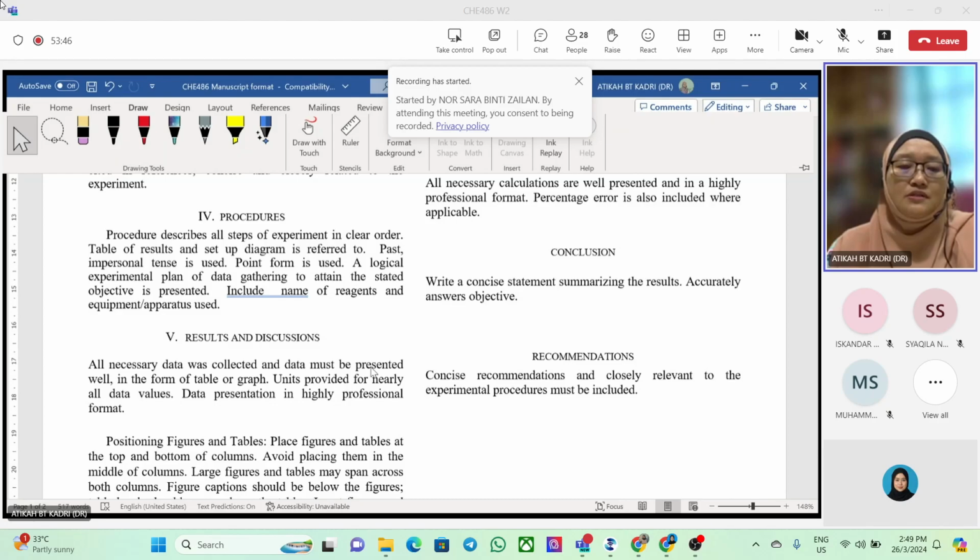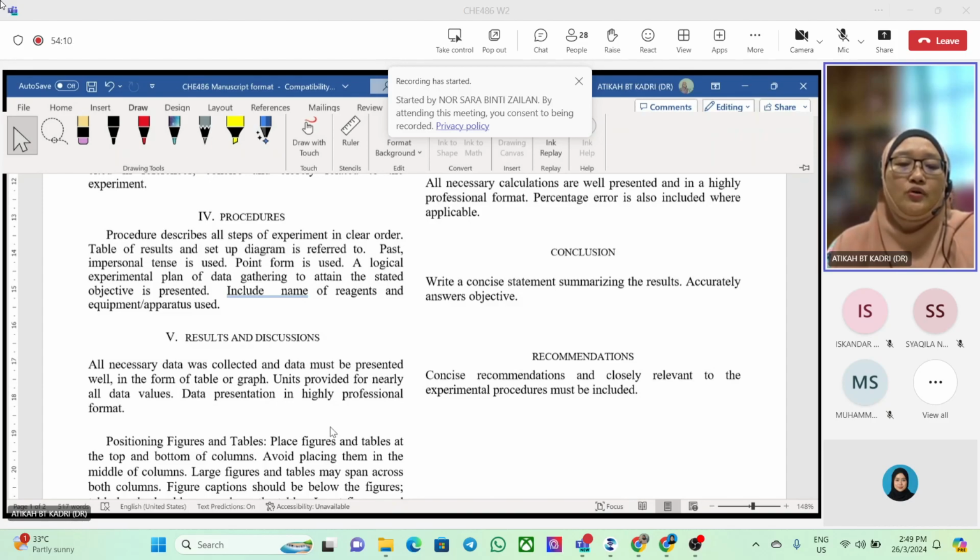Okay, now we move to results and discussion. In results and discussion, this is where you are going to show the data that you have collected, or come up with derived data from the raw data that you got, and you probably need to sketch or plot a graph.